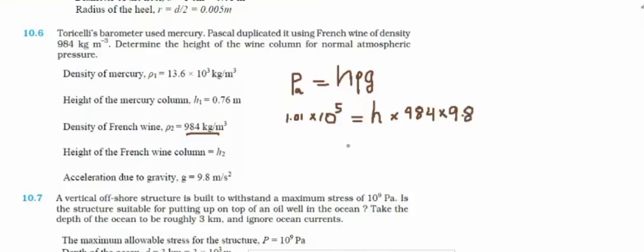Cross multiply the equation and find the value of H, so that you will get the height of the French wine remaining in the test tube due to atmospheric pressure.